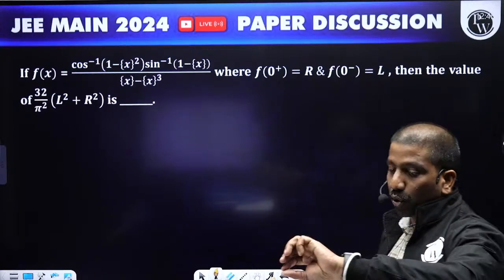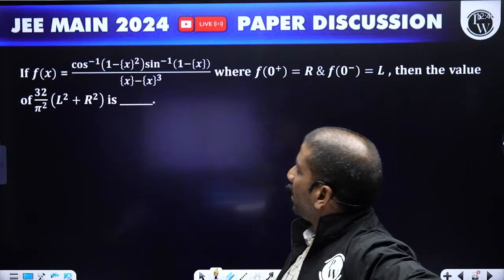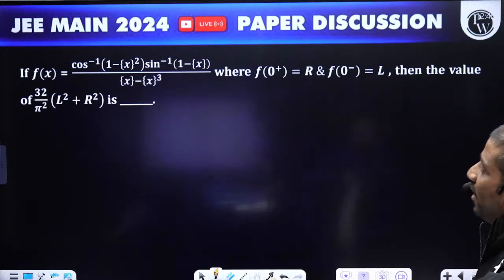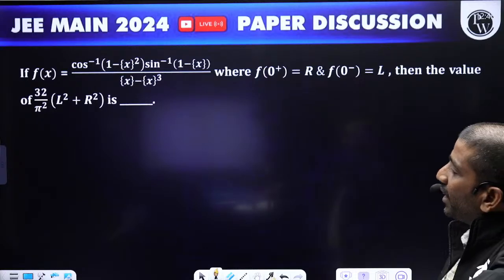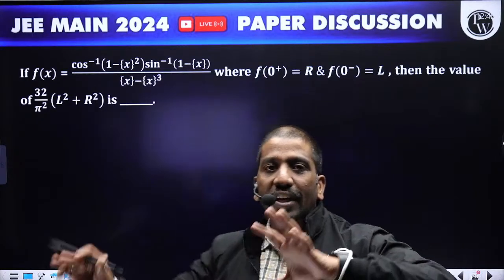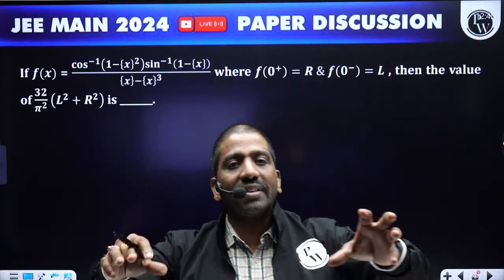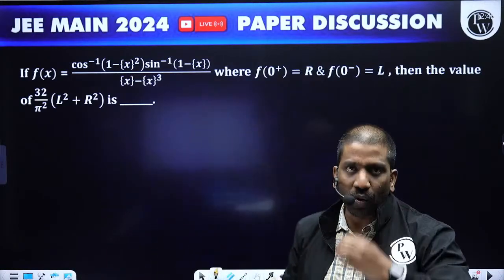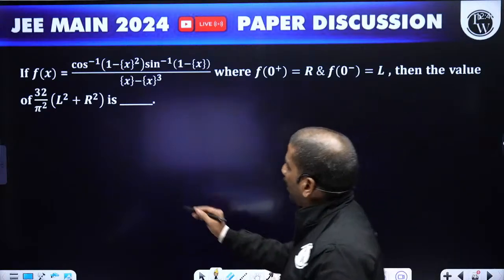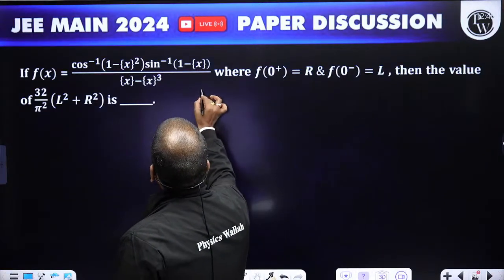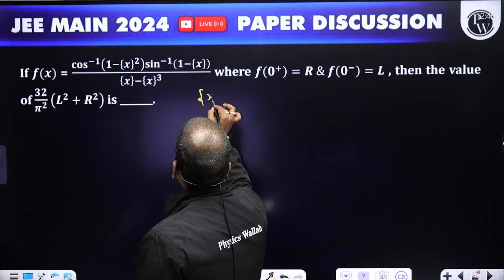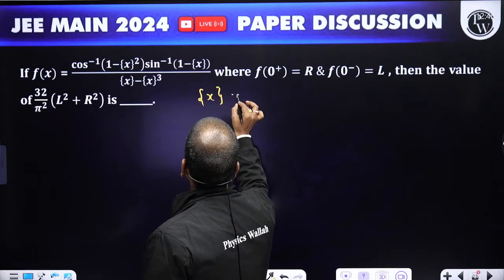So one more question, f of x is equal to, this is another beautiful question based on integral part, fractional part. Always integral part, fractional part based on definition only. What is happening in the neighborhood of x is equal to 0? So for this, in fractional part, what is the fractional part of x?